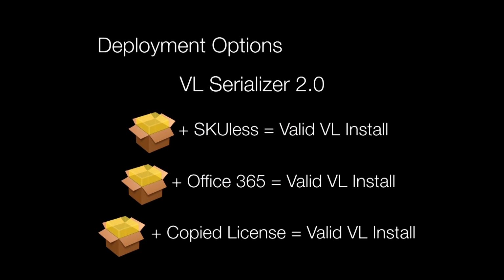The VL serializer package installed before or after an Office 365 or a SKU List installer is a valid and supported volume license installation. This will also convert any Office 365 installation to a volume license installation.